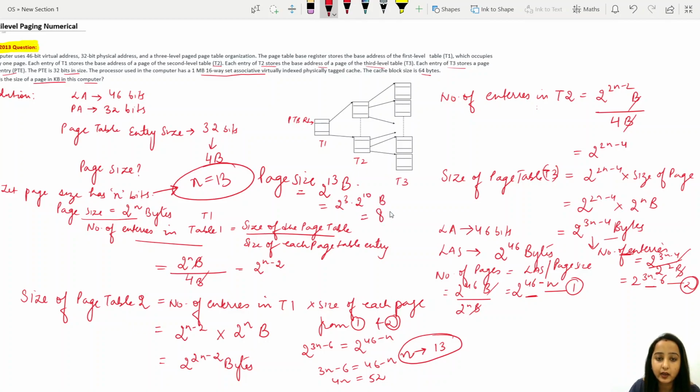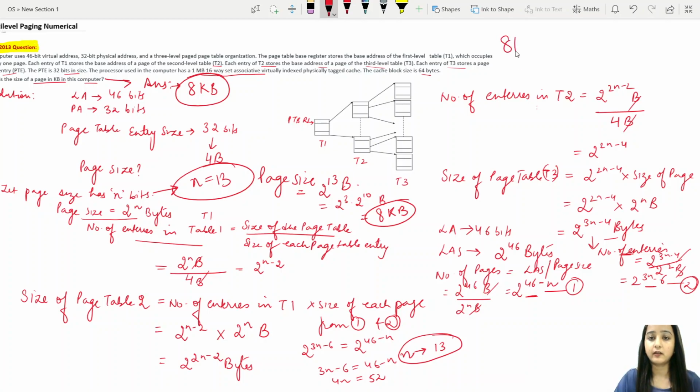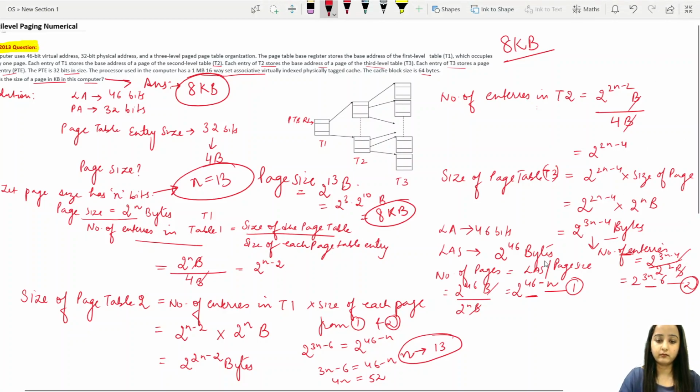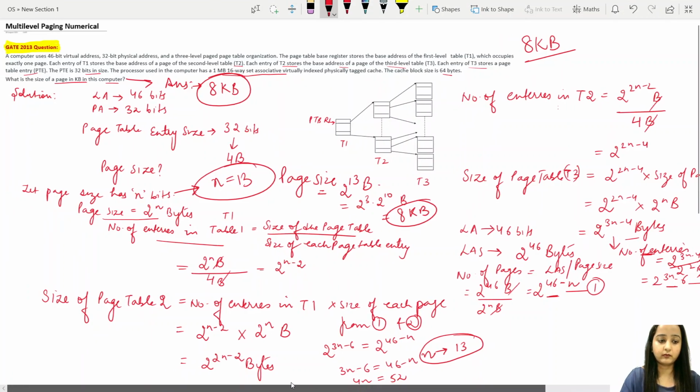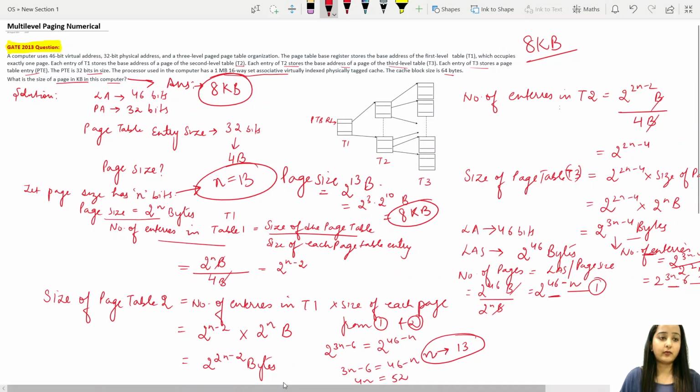So it will be 8 KB. The page size, the answer, will be 8 KB. So the correct answer is 8 KB. I hope this numerical is clear to you. This was asked in GATE 2013.